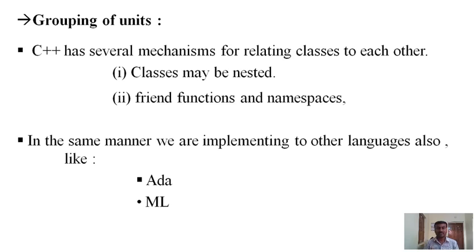Then C supports the decomposition of programs with the help of functions, and C++ supports the decomposition of programs with the help of classes. In C++ we have concepts like encapsulation and grouping of data, and so on. All these points you need to remember in this concept. Thank you.